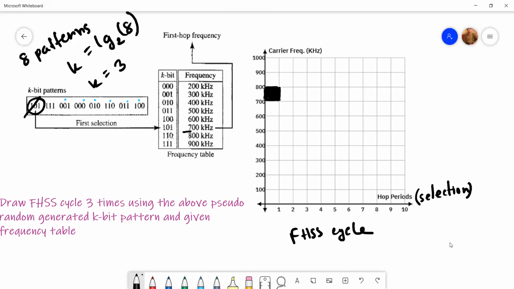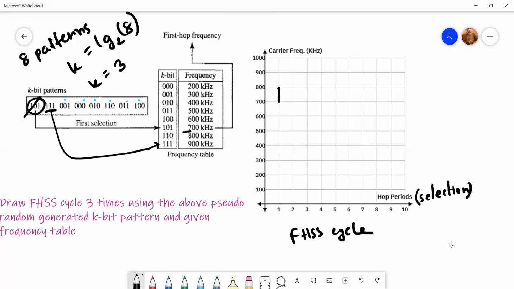Now the second pattern says to go for the 111. So if you go for the 111, this is my 900 kilohertz. For the second one, I have to move a little bit over here, because my first one should be on the 700 kilohertz. This is my first line.